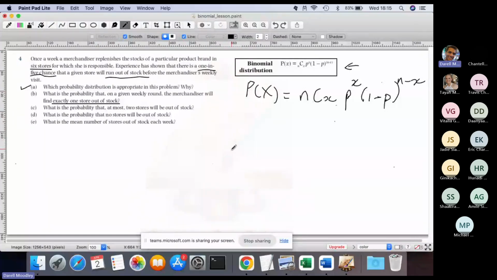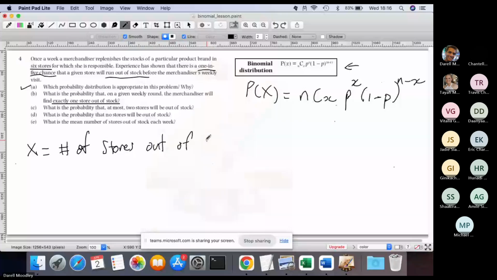X is a discrete random variable and we're counting things. What exactly is it counting? Well, if you read the text, what we're trying to count is the number of stores out of stock. So X is the number of stores out of stock.